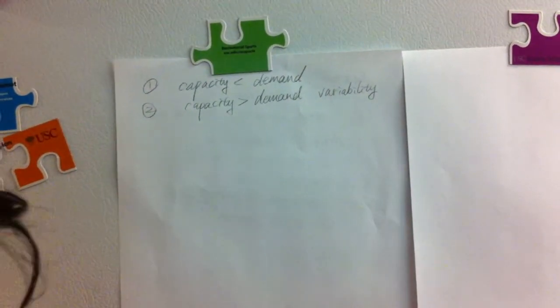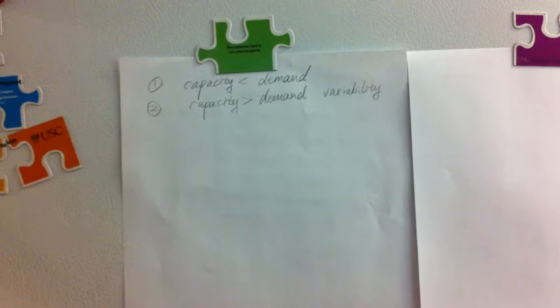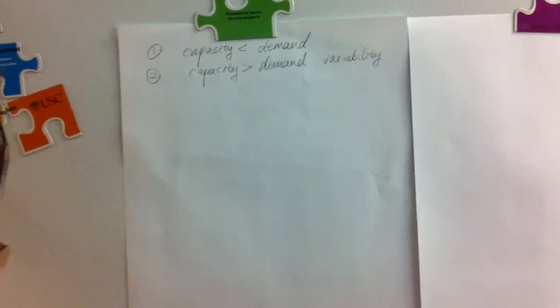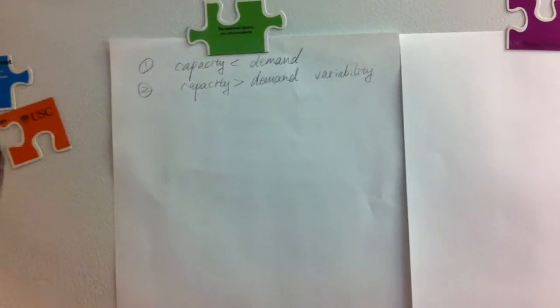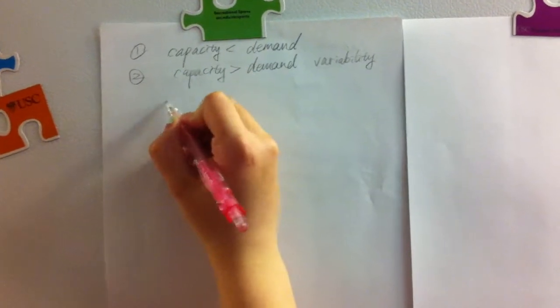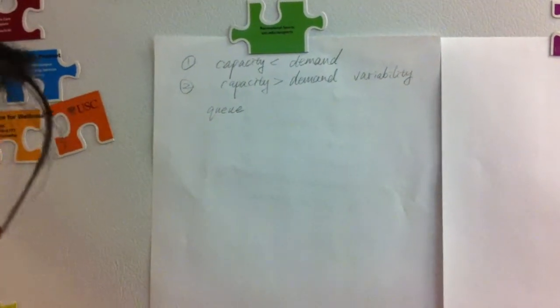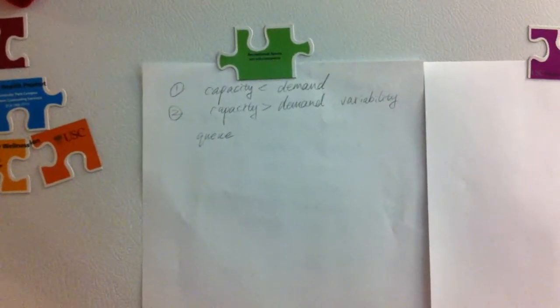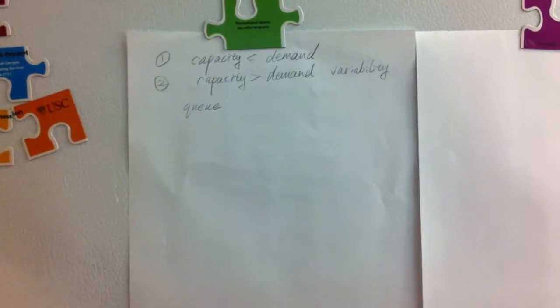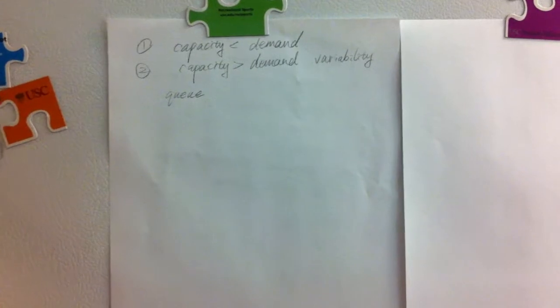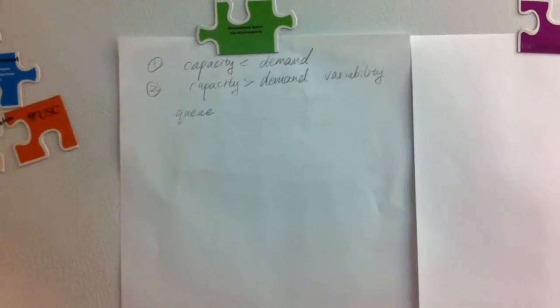Okay. There are 5 characteristics of a waiting line system, in other words, we can call it a queue system. I'm going to discuss 3 first, and then I will explain the waiting line system equation.